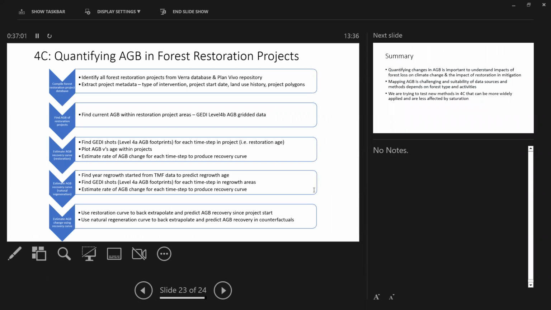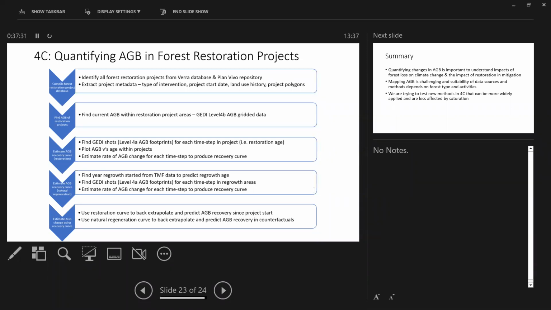So I'll just go through this general workflow to summarize what we think we're going to try and do to map biomass change. The goal of my project within 4C is to try and look at quantifying carbon sequestration within restoration projects. So the first thing we need to know is where forests are being restored.